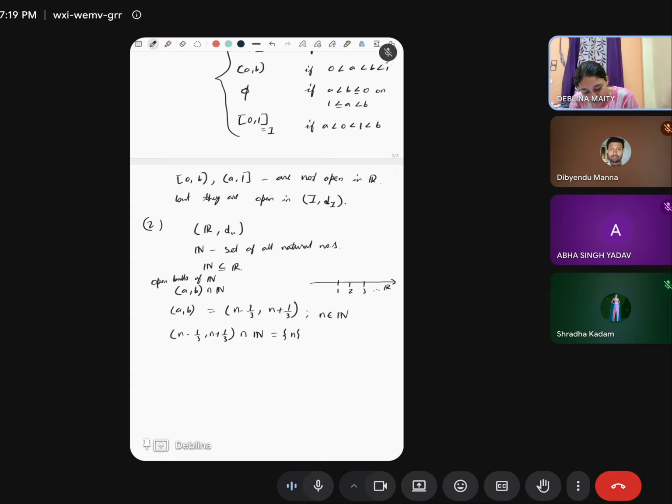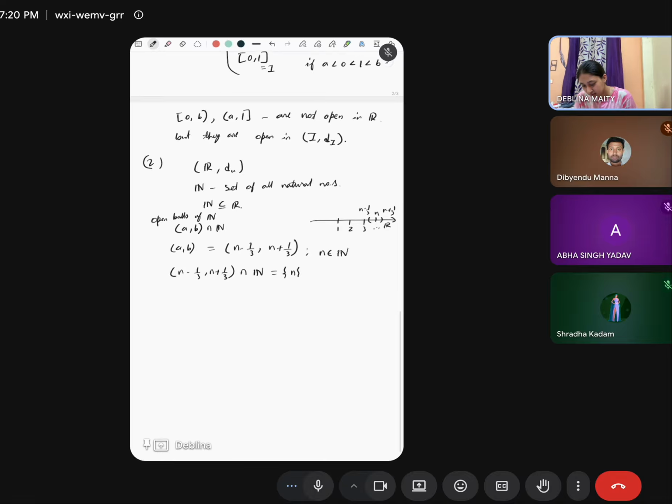So for each n we are taking this interval n minus 1 by 3 to n plus 1 by 3. So the intersection of this interval with N is only n, right? So each singleton element in N is open. So every open ball is the singleton element, right?